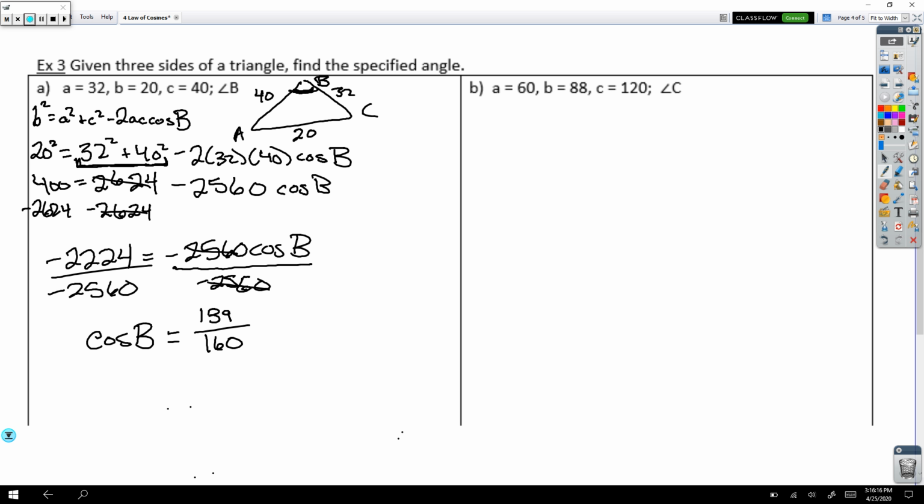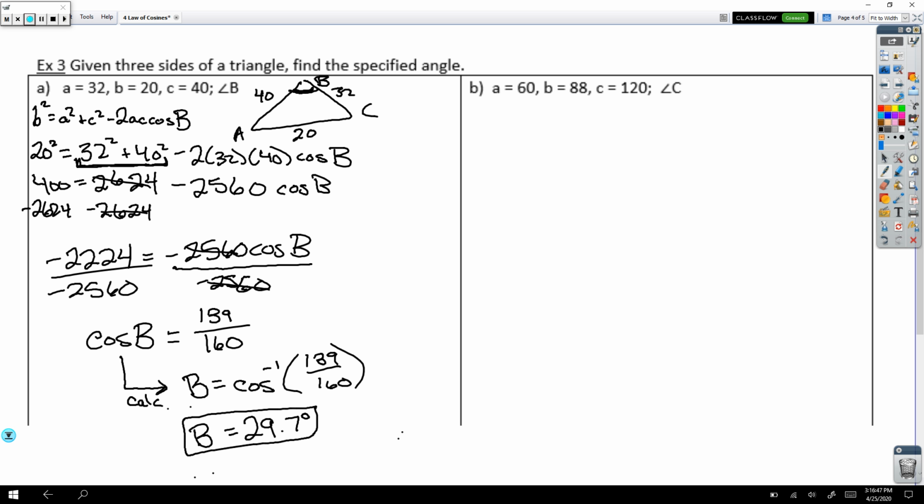Now, to find what angle B is, I'm going to have to make use of my inverse trig. So, angle B equals the inverse of cosine of 139 over 160. Typing that into your calculator, you would get that angle B is approximately 29.7 degrees.